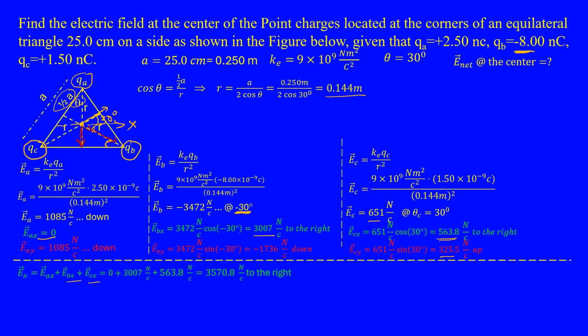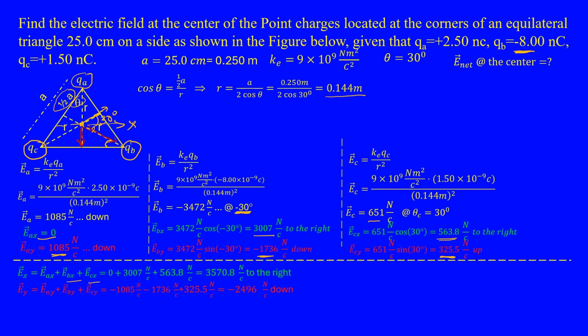Adding them together, that yields 3,570.8 newton per coulomb to the right. So what about the y component? The y component of the net electric field will be E sub ay, that will be this value here, plus E sub by, this value here, plus E sub cy, this value here. Add them together, and that yields negative 2,496 newton per coulomb, downward.